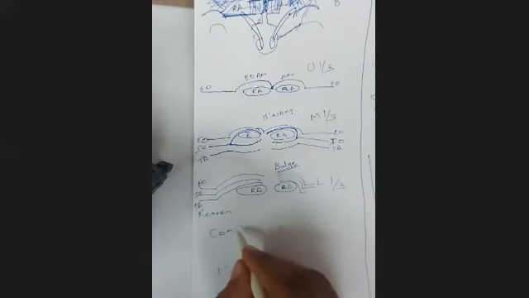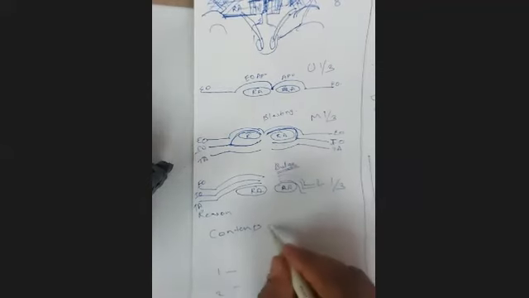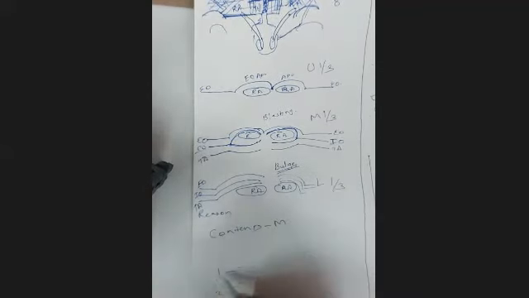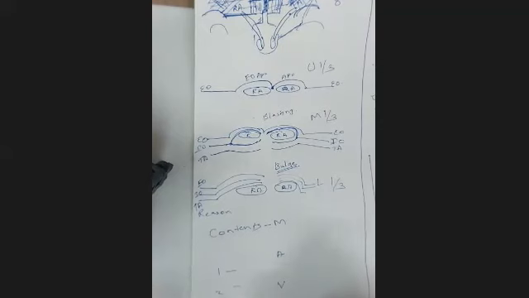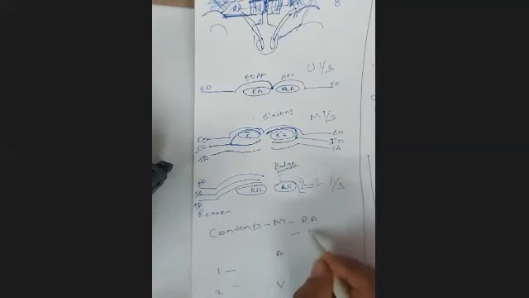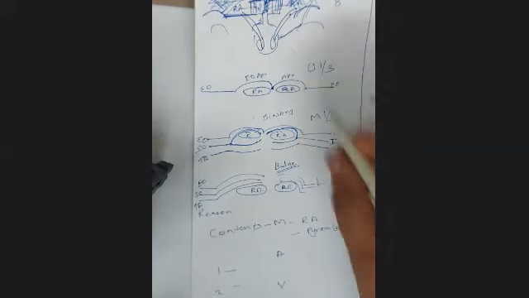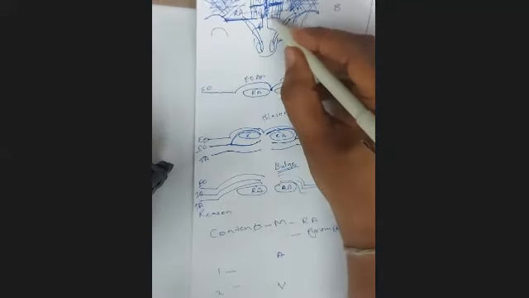Now, what are the contents of the rectus sheath? Whenever we write contents, we should always write muscles, arteries, veins, nerves, lymphatics. So muscles, we know rectus abdominis. Along with that, there is another muscle, pyramidalis, a very small muscle taking origin from here.